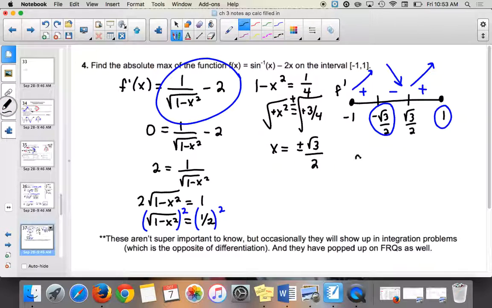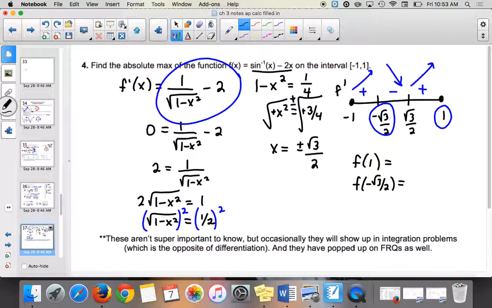So now we go back and we compare their heights. So we're like, well, what's f of 1 and what's f of negative root 3 over 2? So f of 1, if you go back all the way to the beginning, you get inverse sine of 1, and we know inverse sine of 1. Sine of what value gives you 1? It's pi over 2. Minus 2.